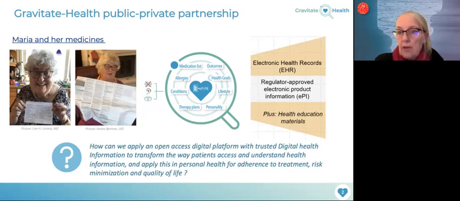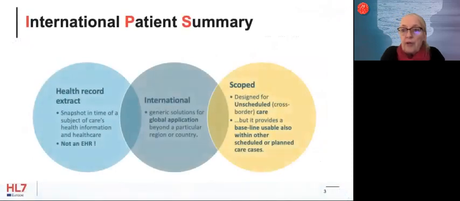We also, in order to give a more personal health relevance, are working with information from the electronic health record and with health education material to ensure that you also have a broader picture and more specific information about the products. We all know that the electronic health record can be quite voluminous.